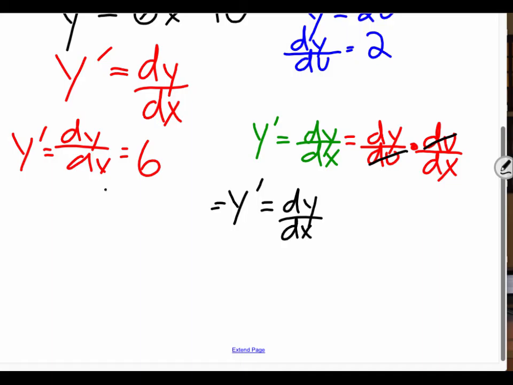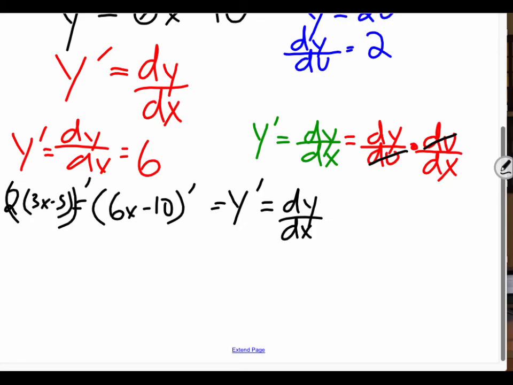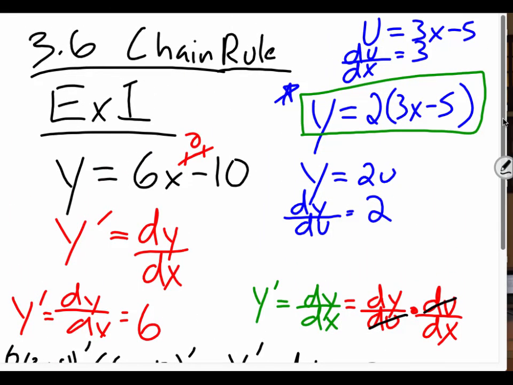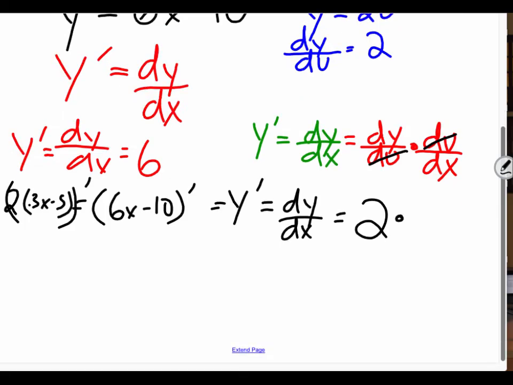Which is really the derivative of the expression 6x minus 10, which in this particular case we have written as 3x minus 5. We want the derivative of this, which is dy dx. But we know that it's dy du. What's dy du? 2. Times du dx. What's du dx? 3. Right. Huh. That's no accident.